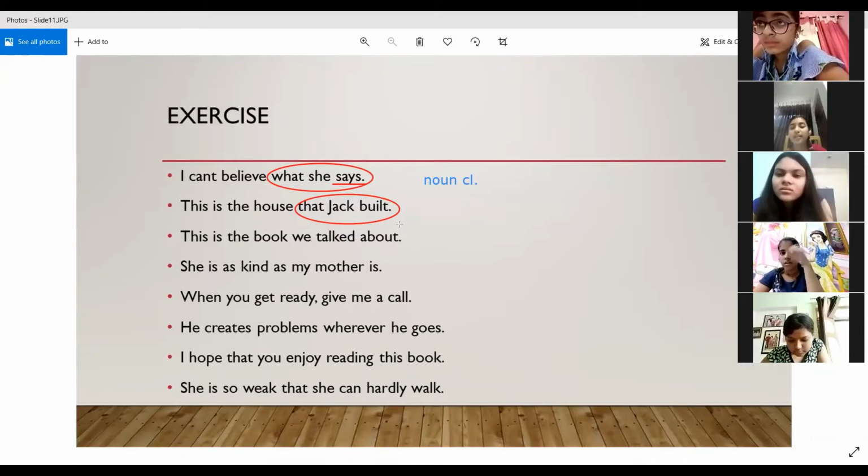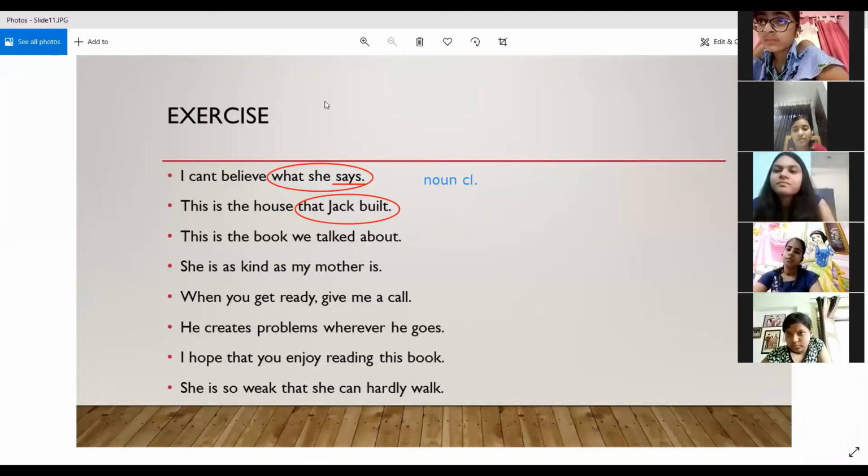You don't know what verbs are. No, I will ask somebody else. Yes, Angel? Yes, sir. Built will be the verb. Yes, built will be the verb.